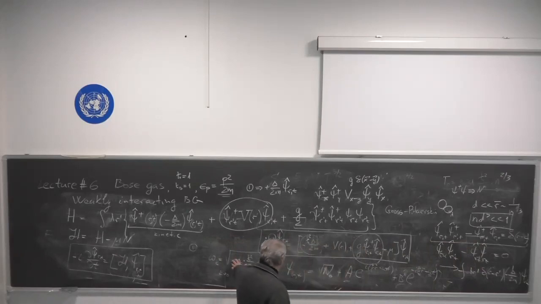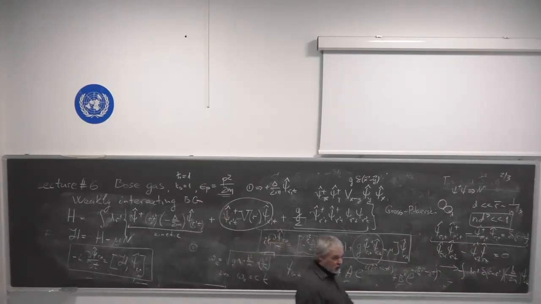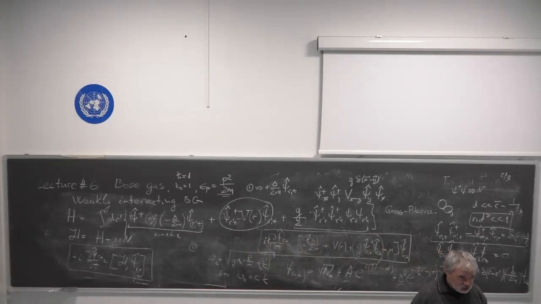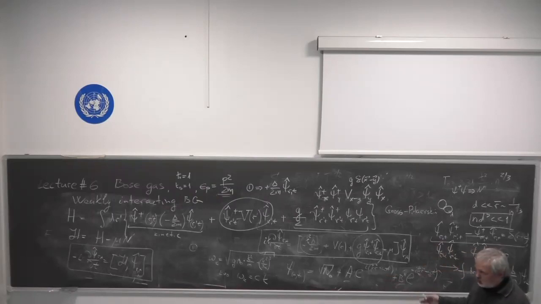If you take out the interaction, then you will get that your spectrum is precisely p squared or k squared over 2m. So try to do these calculations yourself. I explained to you how to do it. If you do not succeed, we will do it together on the blackboard. Okay, I'm done for today.